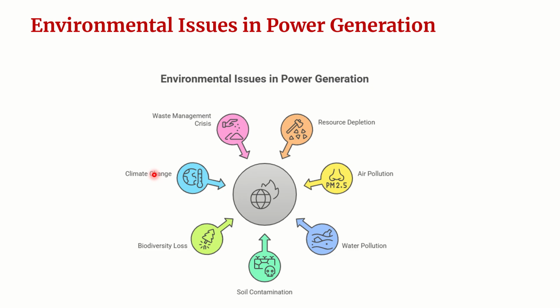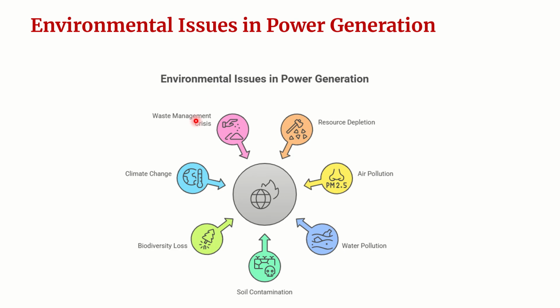Then climate change. Primarily, it is driven by anthropogenic greenhouse gas emissions. So these emissions trap heat in the atmosphere, leading to global warming, extreme weather conditions, and also ocean acidification. So this is a transversal issue affecting all the other environmental concerns.